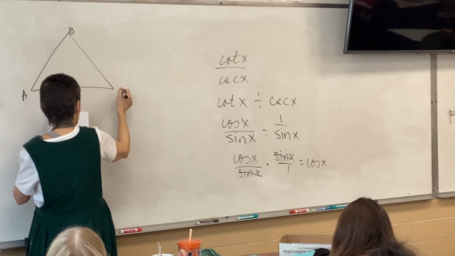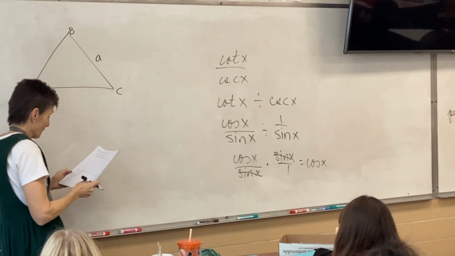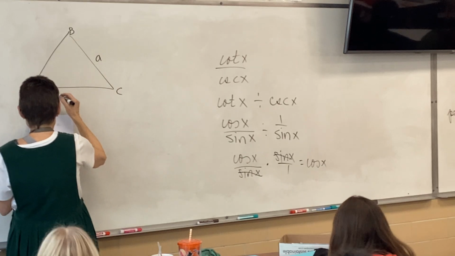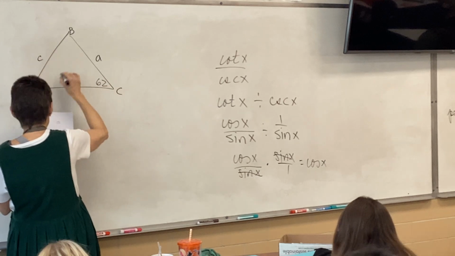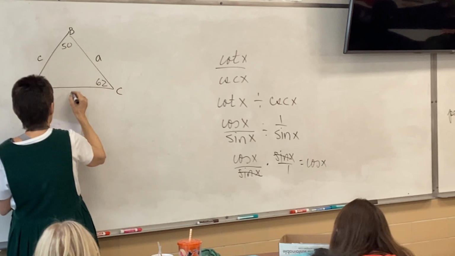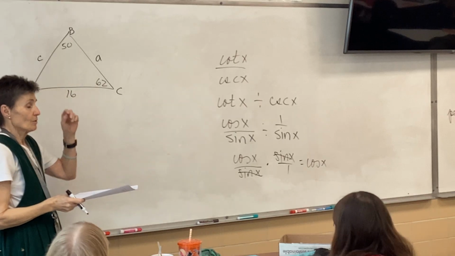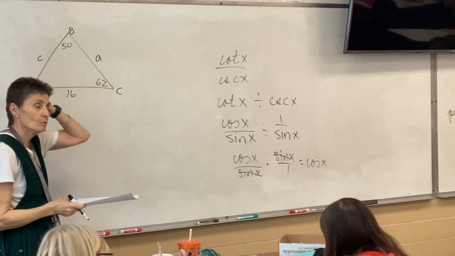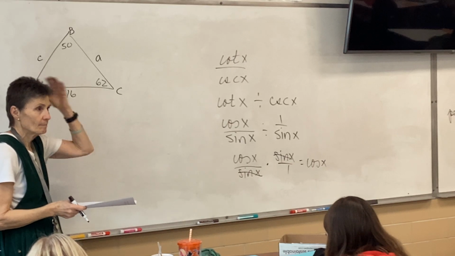The length of the side that is across from angle A. So what do I know? I know this is 62, and this is 50, and this is 16. So the first thing I'll probably do is find capital A, because that's so easy.